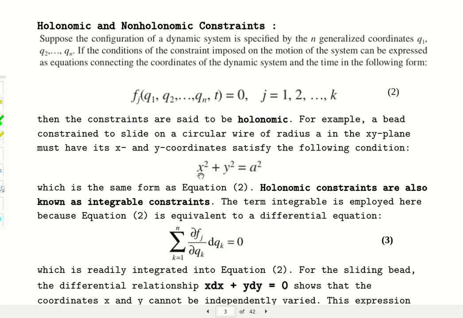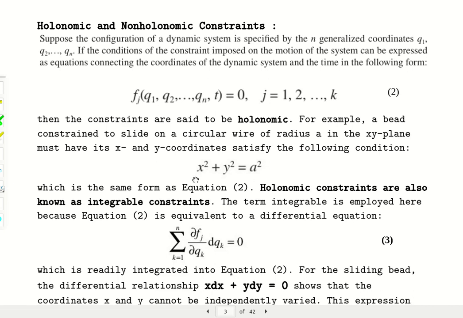So always x square plus y square, the position coordinates of the particle, will be equal to a square, where a is the radius of the circle. You can see that if you take x as an independent coordinate, then y will be dependent on x. So the problem is to solve a one-dimensional problem. The motion is no longer two-dimensional.